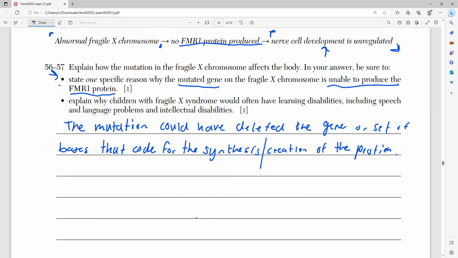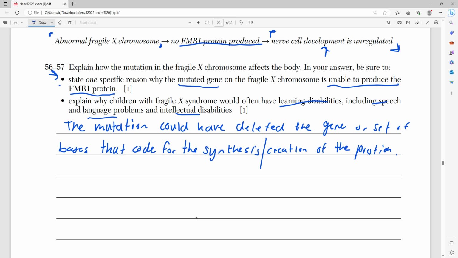Here we have learning disabilities, speech and language problems and intellectual disabilities. These are all parts of your nervous system. So because this protein isn't produced, and because it causes unregulated nerve cell development, you're going to have irregularities within your nervous system, which include speech and language problems. So explain why children would often have these learning disabilities.